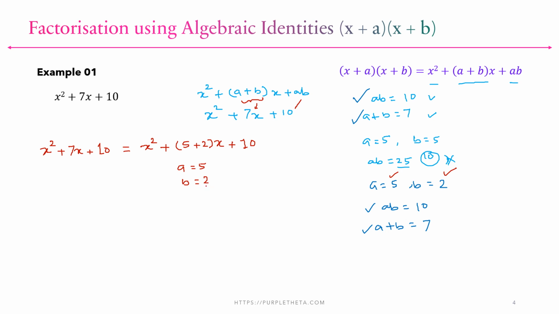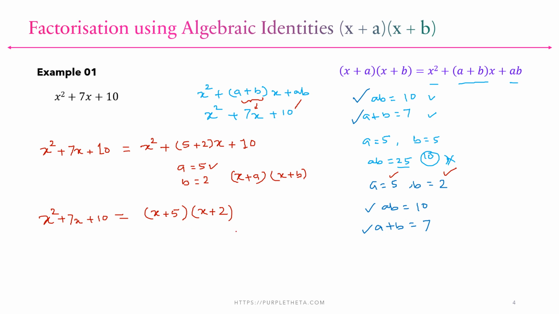So in the factorized form it will be x plus a multiplied by x plus b, right? And this way x square plus 7x plus 10 is equal to x plus a, we have 5, right? And in second bracket x plus b we have 2. Okay, so therefore the factorized form is x plus 5 multiplied by x plus 2, right?